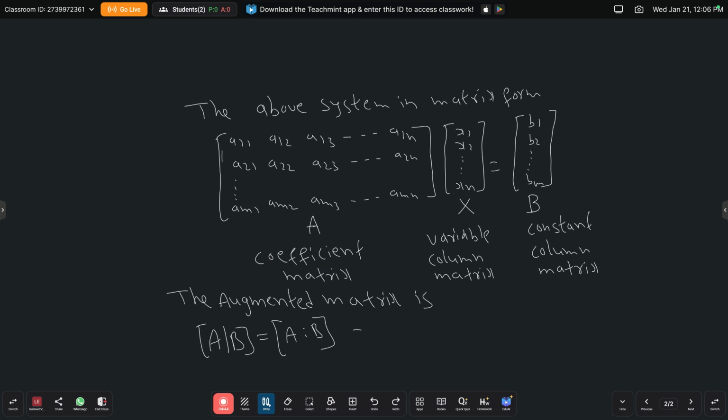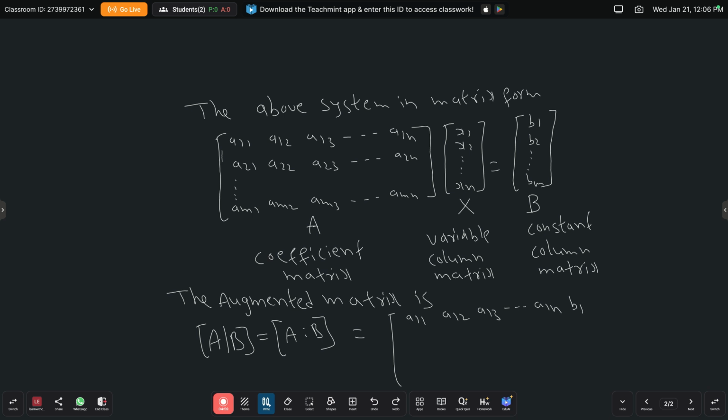Okay. So this is equal to, next we have to add the constant column matrix to the coefficient matrix. So this is a11, a12, a13 and so on a1n.